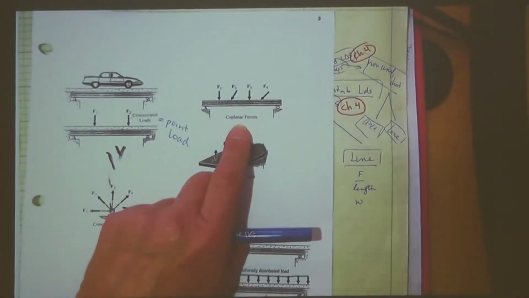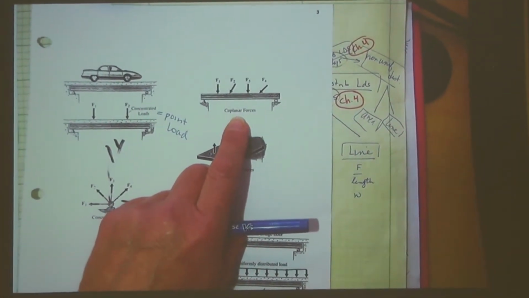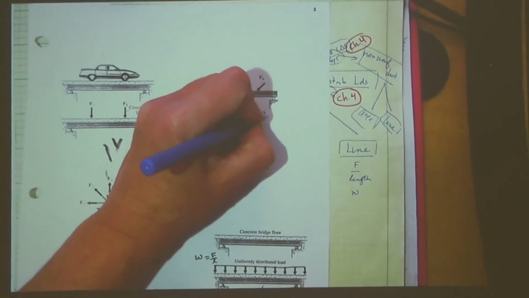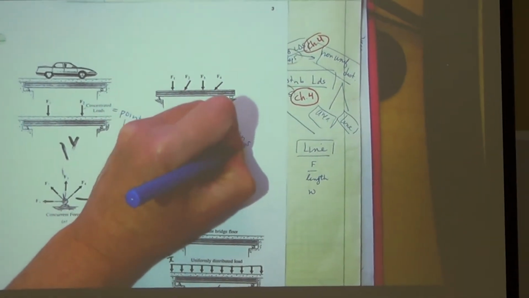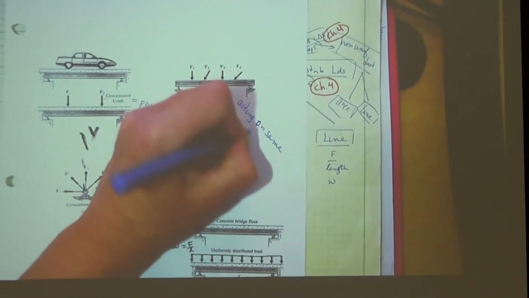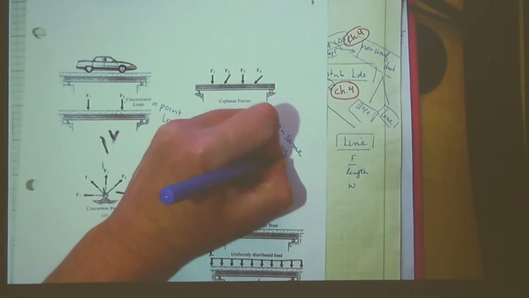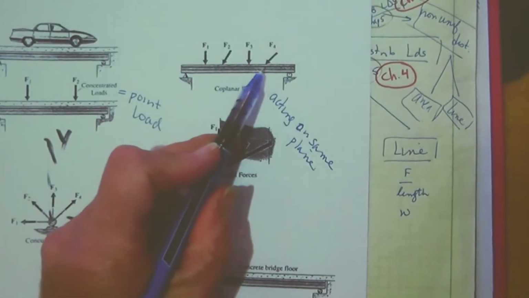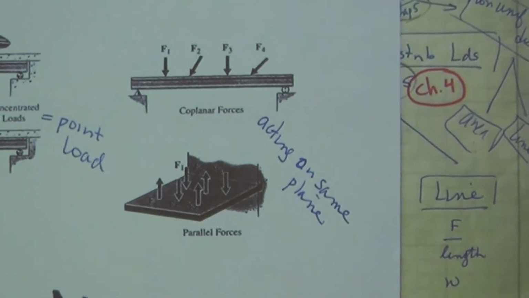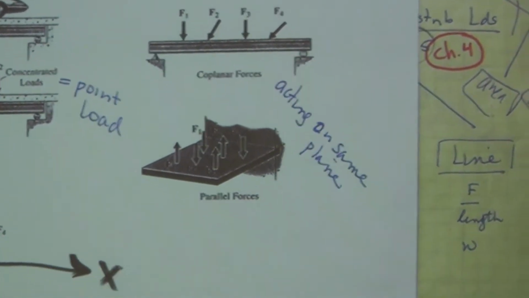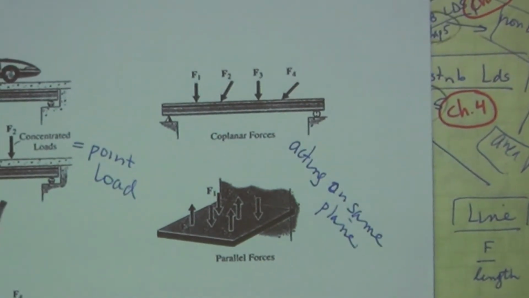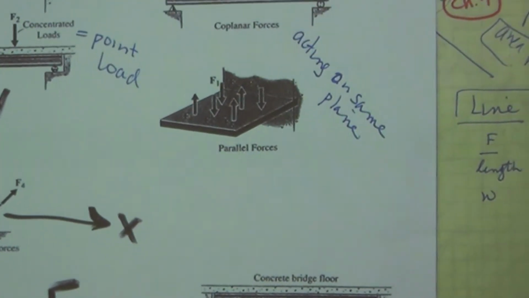What do you think coplanar means? Acting in the same plane. F1, F2, F3, and F4, aren't they on the same plane? They're on the vertical plane. And then parallel forces.